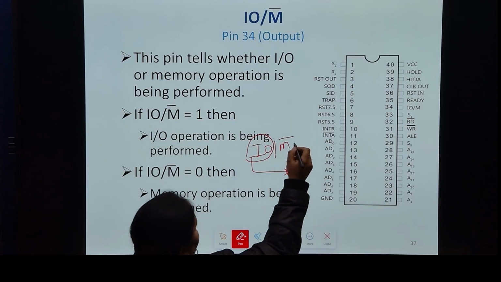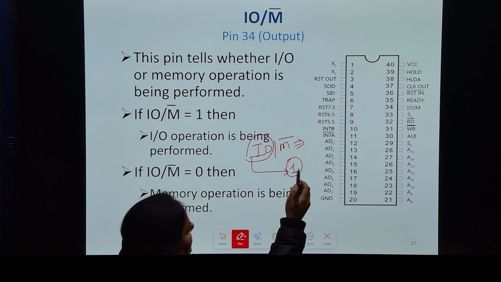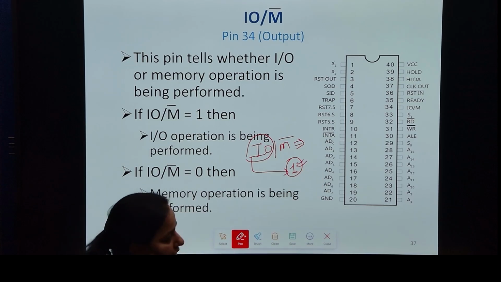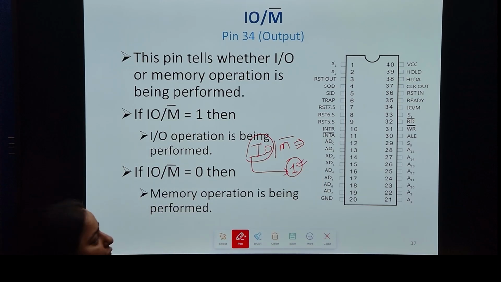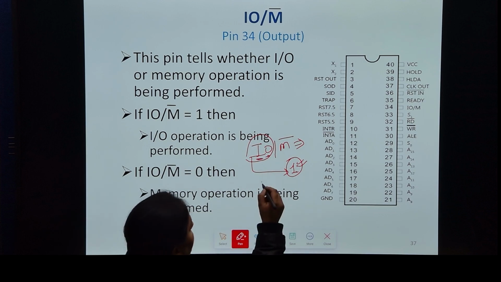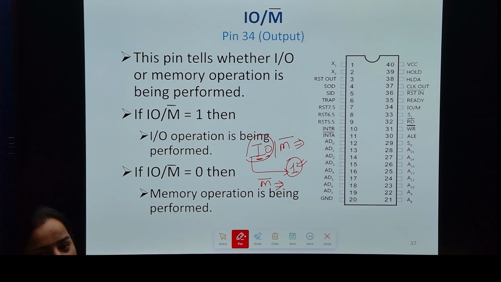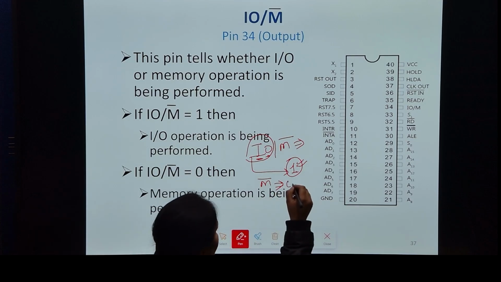That means whenever you have to perform any operation on input output devices, you have to provide a logic 1. Similarly, if the microprocessor has to perform the operation on a memory device, we have to provide a 0 signal.